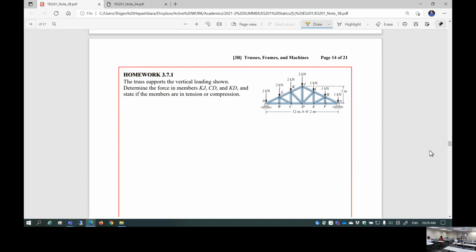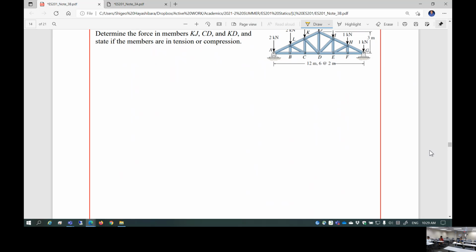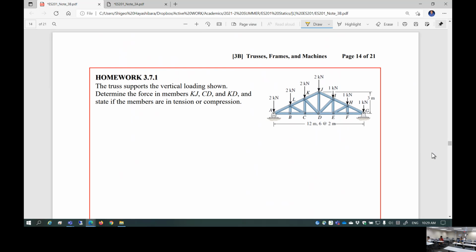So next page is, ooh, who wants to do this with the method of joints? Anyways, nightmare problem if you try to do the method of joints. The truss supports the vertical loading shown. Determine the force in members KJ, CD, and KD, and state if the members are in tension or compression. If I'm too frustrated, I can possibly pick this as a final exam.